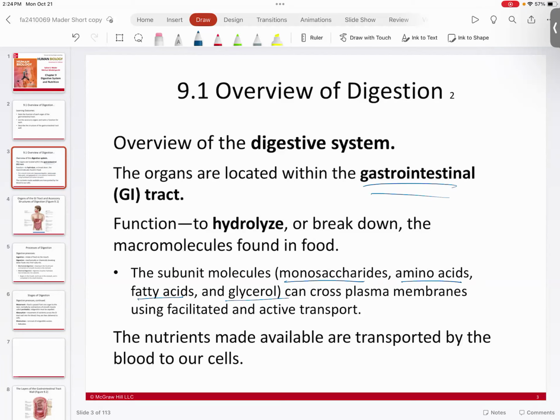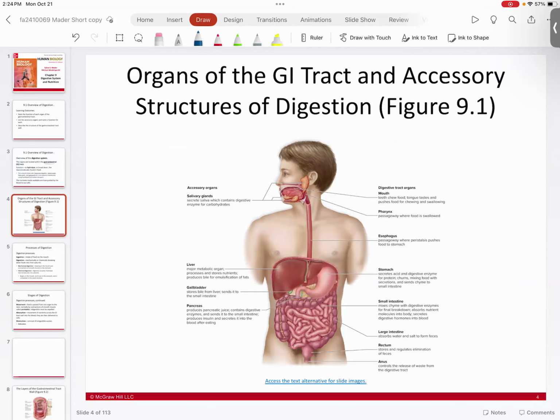So those monomers, if you will, those are going to be coming from your food. And so you have to basically take those individual monomers and then you're going to transport them into your blood so that your cells can have the nutrients that they need in order to build the molecules they need in order to function.